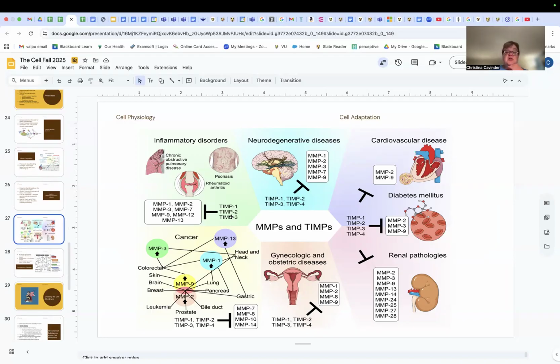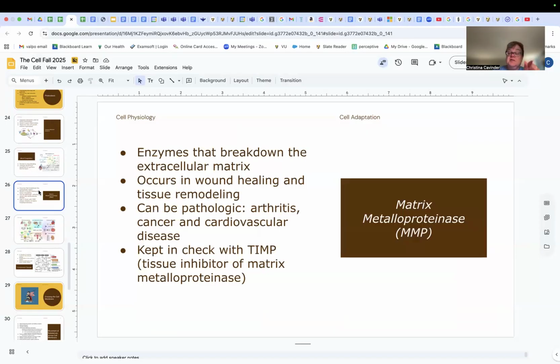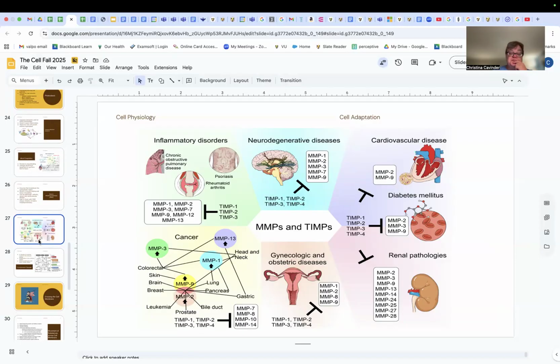What you just need to know is that all of these diseases are caused by this process with the MMP. So there's something out of the homeostasis isn't there. Something is causing tissue damage.